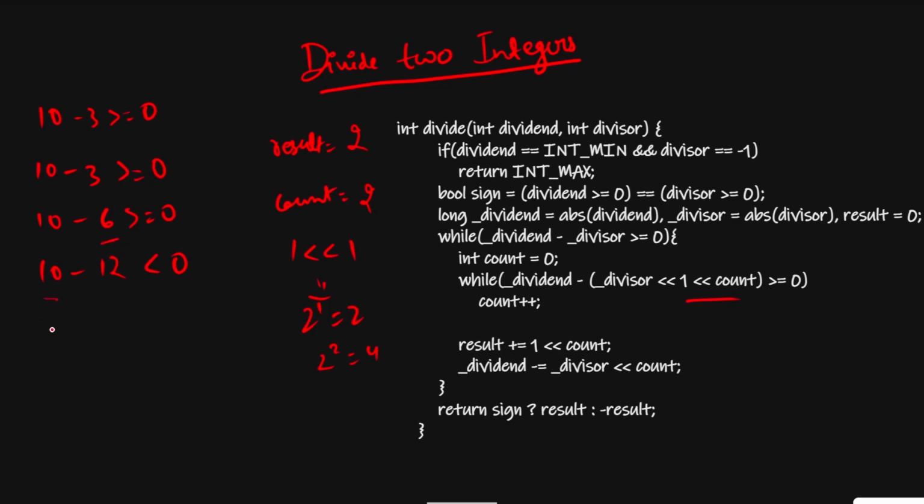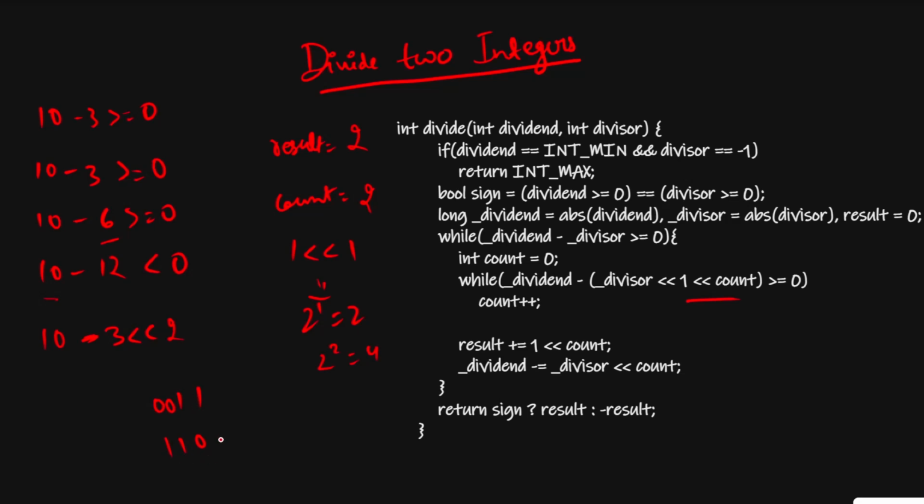So this is my 10, from which I will subtract 3 left shifted by count, which is 2. So what is my 3? 3 is 1 1, you can say. And if I shift it, it will be 1 1 0.